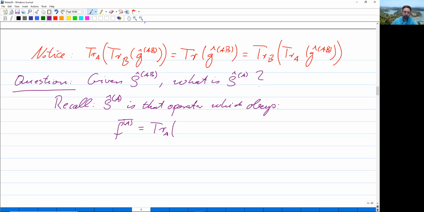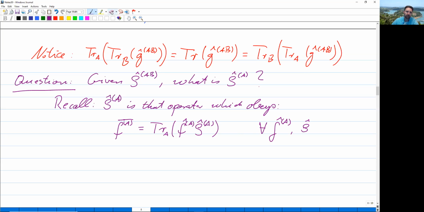Trace of system A of the observable. Remember, this is not the same f hat that we had above, because the f hat above had a superscript AB. It was an observable in the big system. Now our f hat is just the name of an observable in the system A, times the density matrix rho hat A, right? So this is for all f hat A and rho hat.